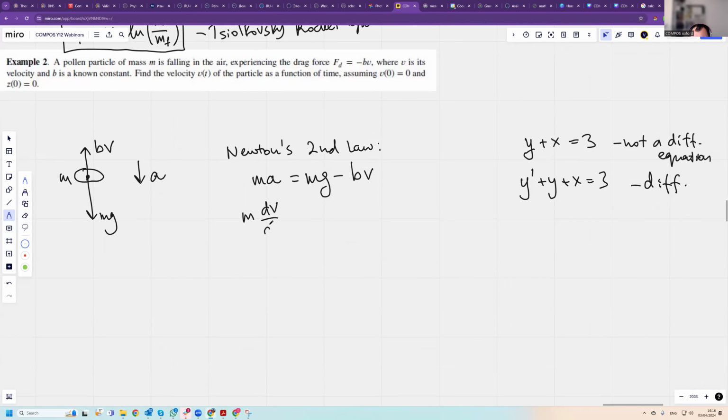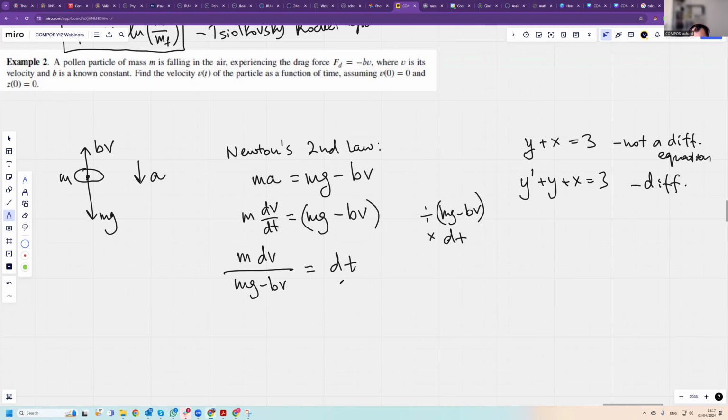I'm going to treat this as a single term, and I'm going to divide by mg minus bv. This is called separation of variables, and then I'm going to multiply by dt. So I'm going to write m dv divided by mg minus bv equals dt.